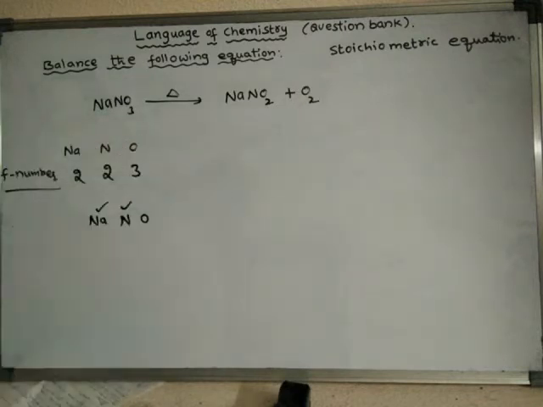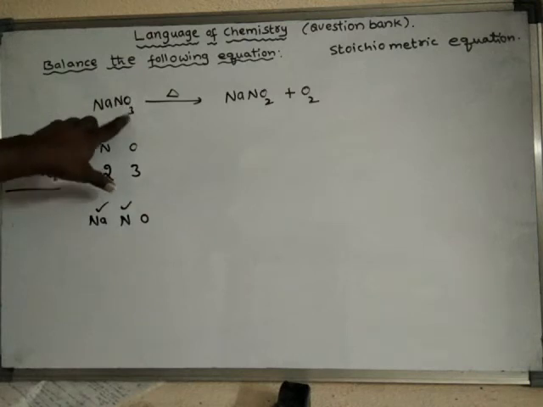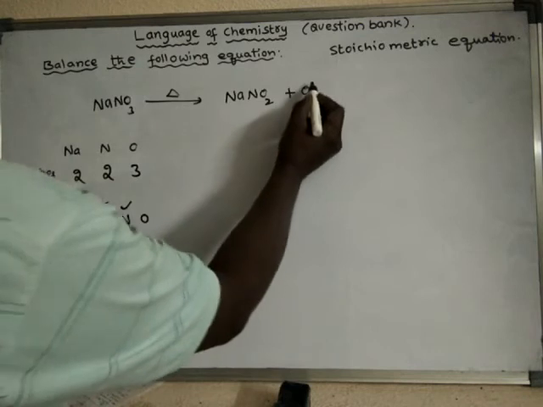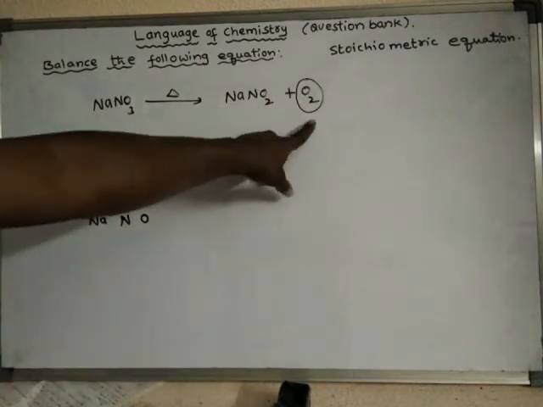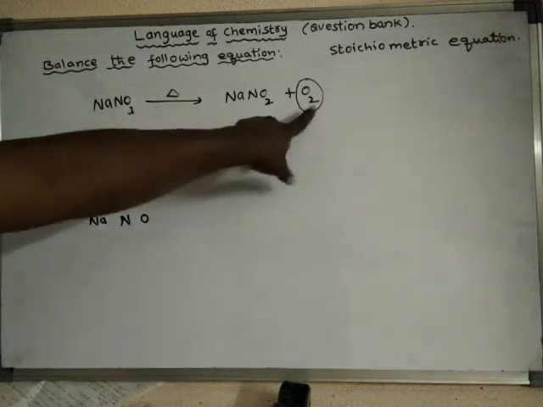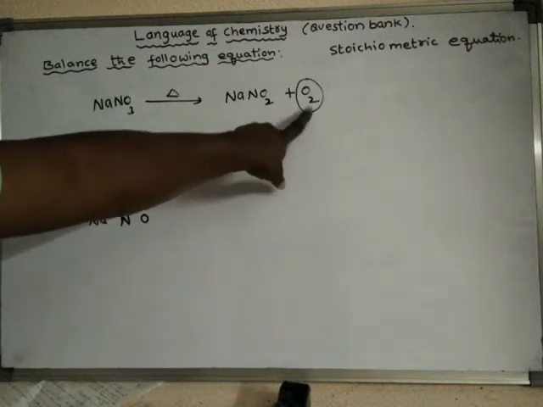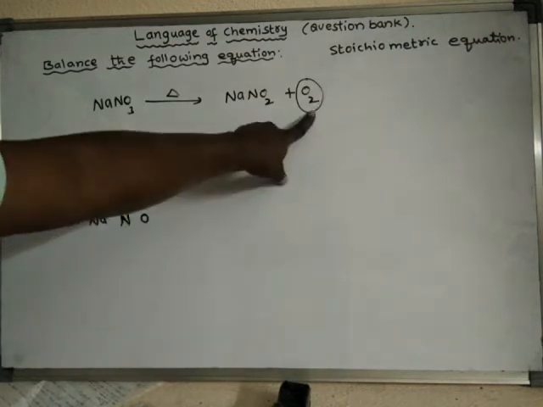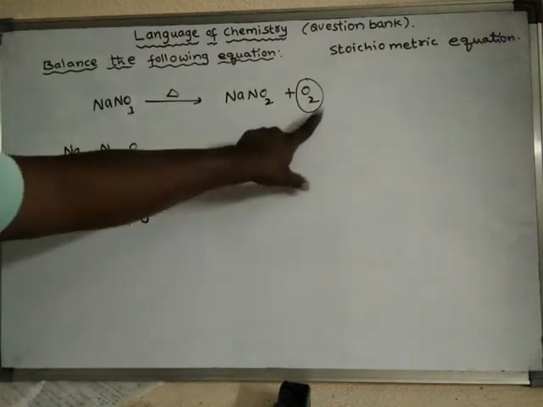So how to balance it? In this case, if any element is not balanced, then leave that element aside, if it is appearing in elemental form. Here oxygen is not in elemental form on the reactant side, but on the product side it is in elemental form. If any element is appearing in elemental form and is not balanced, then we have to ignore that element.